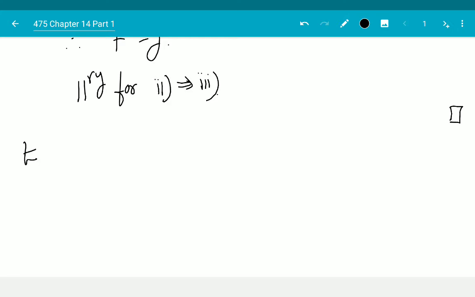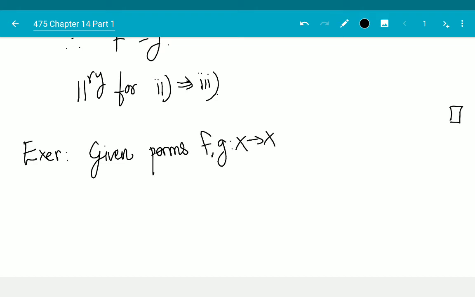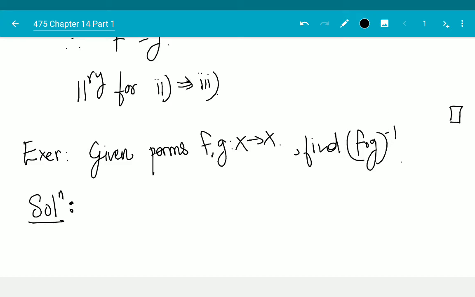Okay, exercise. Given permutations f comma g from x to x, find f of g inverse. Okay, I want to find what happens when I look at the inverse of the composition. Well, solution or answer, whatever.